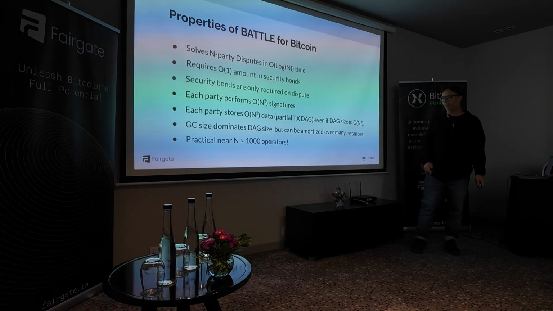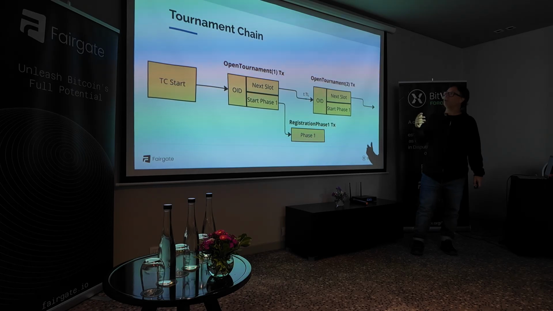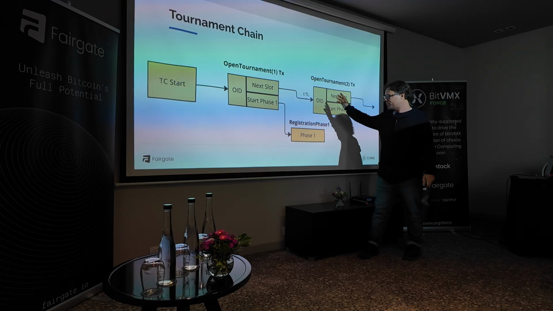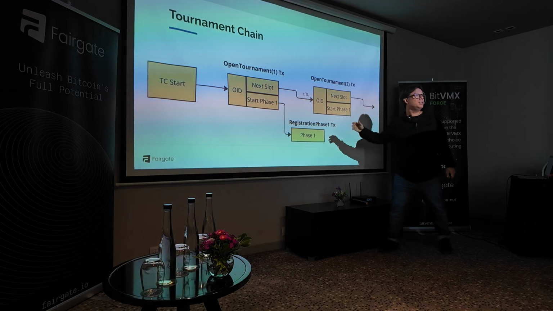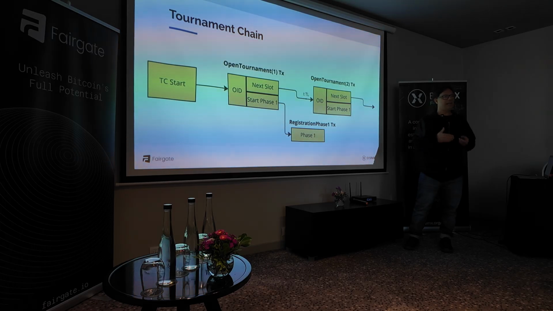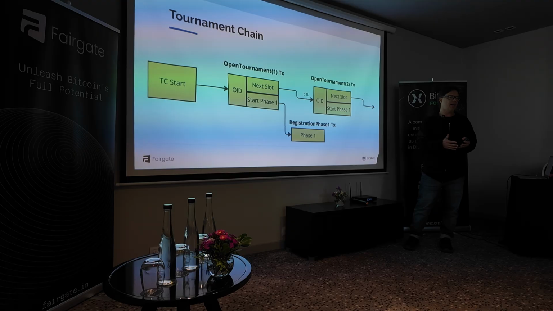Okay, so the pieces that we need: first we need what I call a tournament chain, which is just a chain that allows you to create these phase one tournaments at a certain pace. Clearly, you cannot support all the assertions happening at the same time.